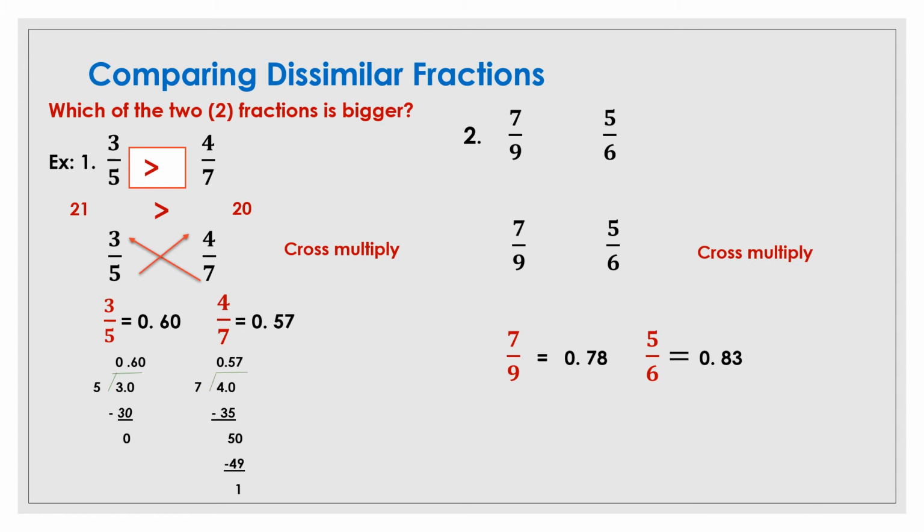Then, kung gagamit tayo ng cross multiplication, so we have 6 times 7 equals 42. Ito naman na 9 times 5 is 45. So, 42 is less than 45. Therefore, we can say that 7/9 is less than 5/6.